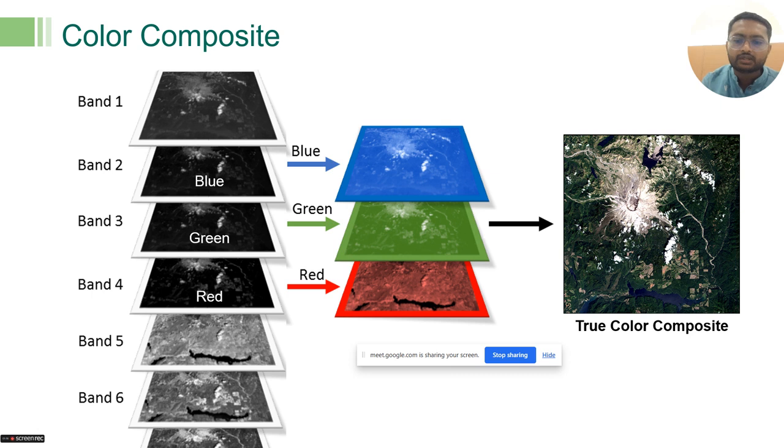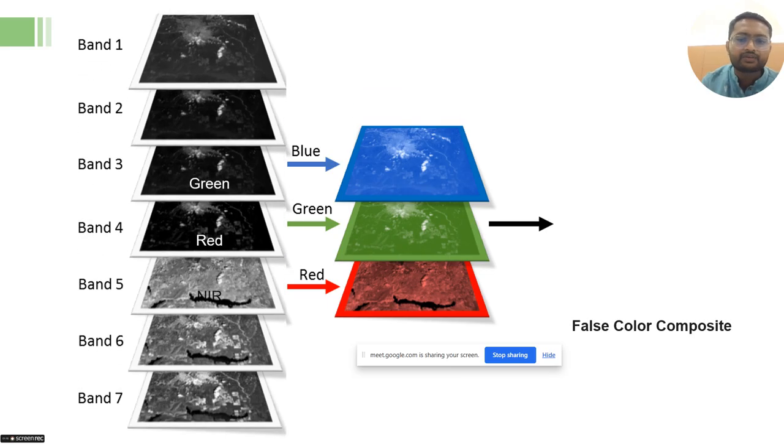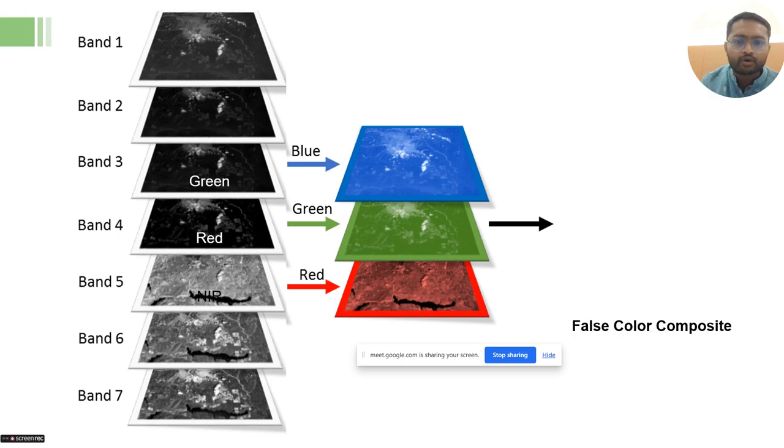But now, you can see these three bands, RGB, have very little reflectance. But if we see band number 5, which is near infrared, it has more reflectance. If we want to utilize that, then we have to do something else. In that case, we will shift our bands.